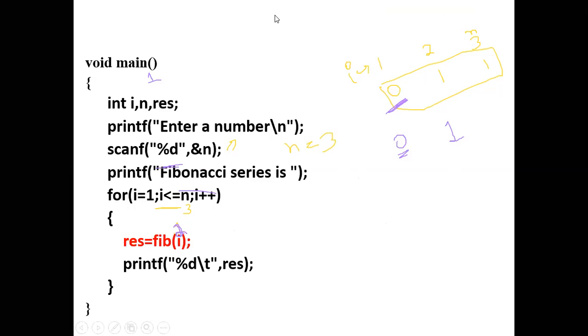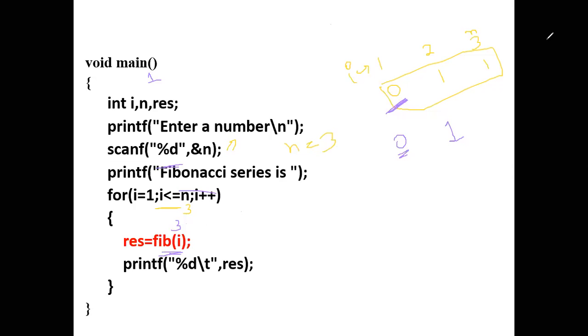And next, the I value will become 3. So 3 is less than or equal to 3, the condition is true. Fib of 3, so it will make the function call with the I value equal to 3.